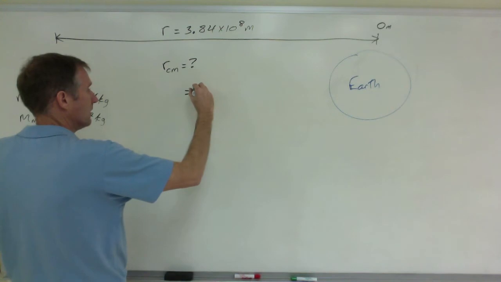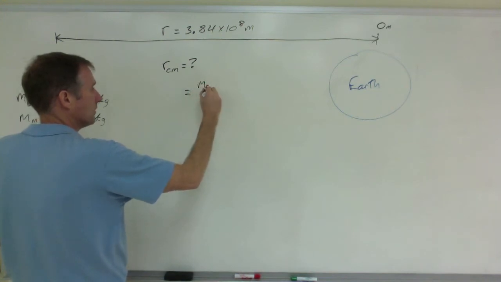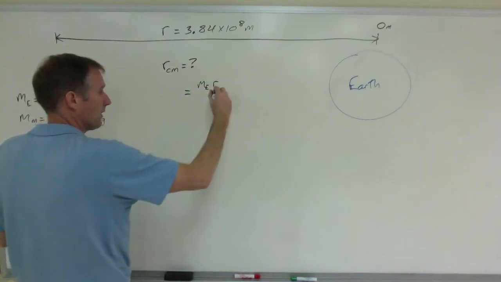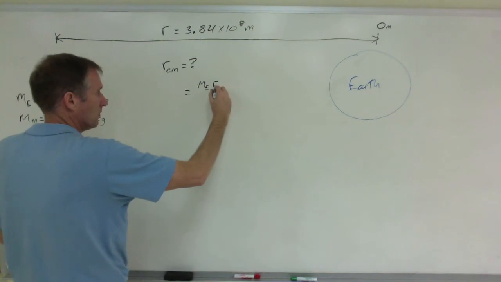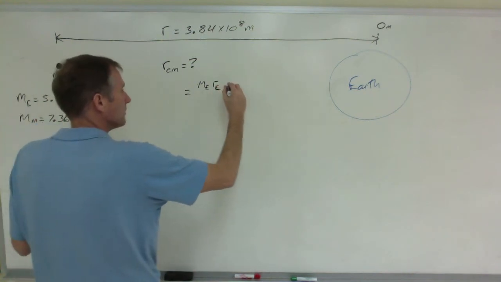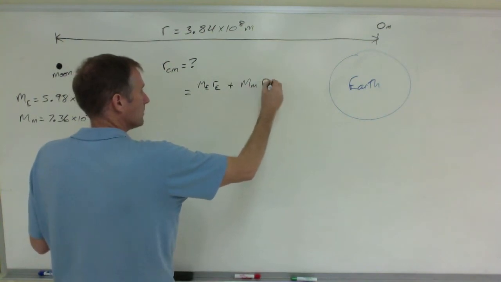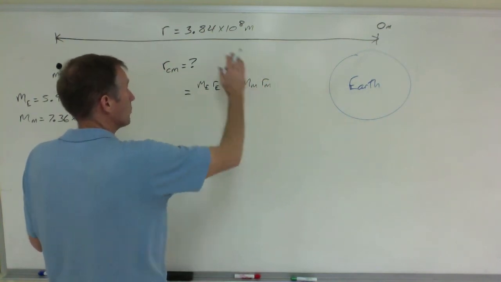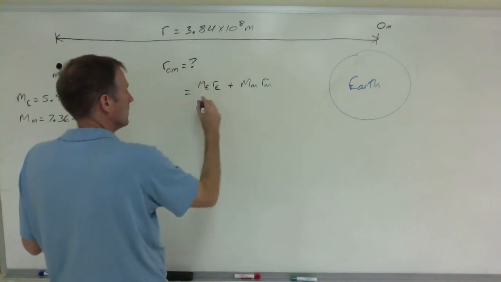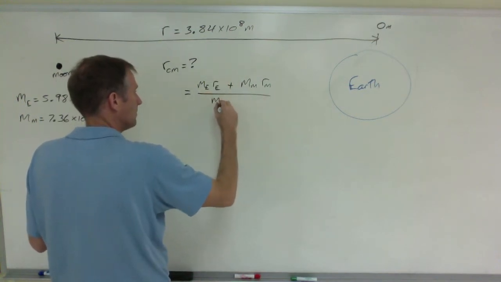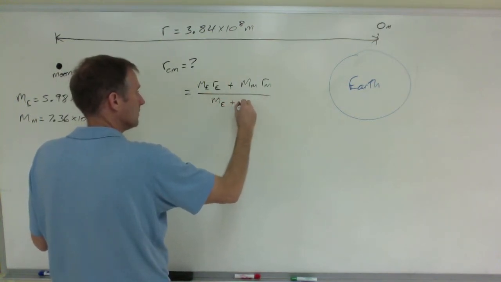You've got the mass of the Earth times its distance from our measurement point, which is going to be 0, plus the mass of the Moon times its distance from our measurement point, which would be that number up here, all divided by the sum of the two masses.